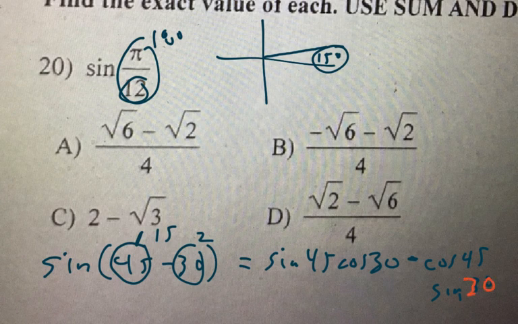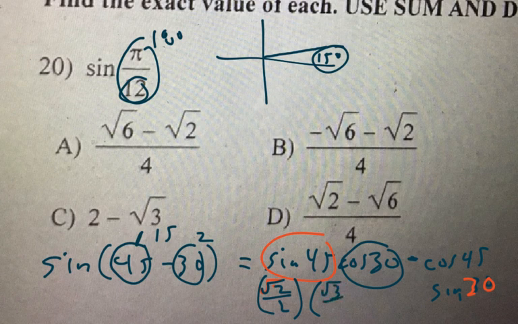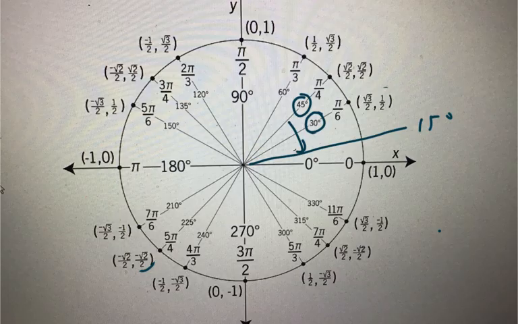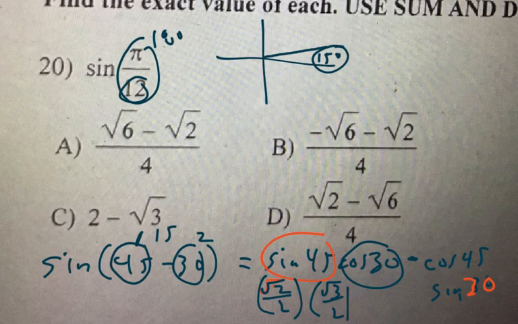So again, you would look at the unit circle here, and you would find out that the sine of 45 is square root 2 over 2. And we're going to multiply that with the cosine of 30, which is square root 3 over 2. Again, just look it up in the table here. Remember, cosine is x, sine is y.